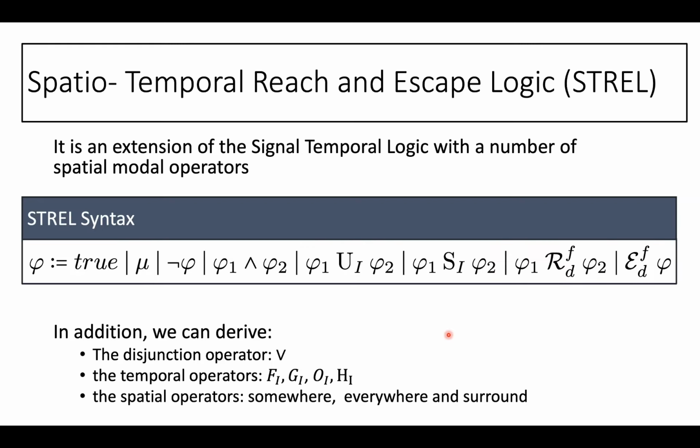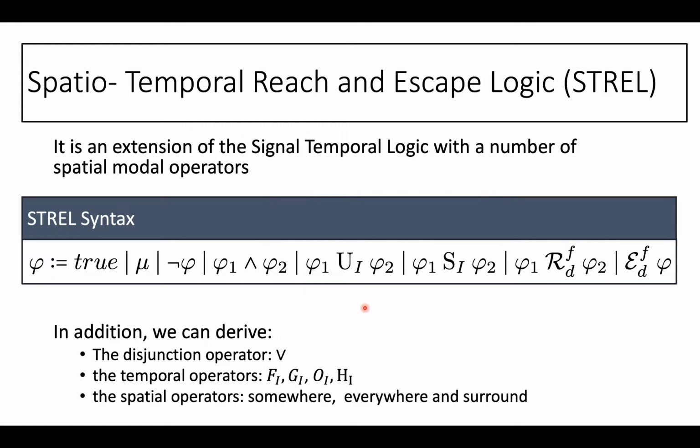Okay, now we are going to define the logic. The spatio-temporal reach and escape logic, STREL, is an extension of the signal temporal logic with a number of spatial operators.